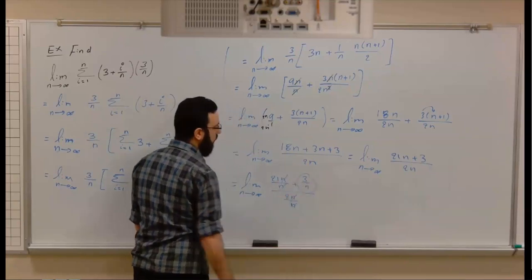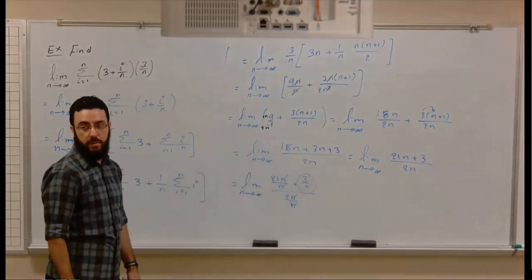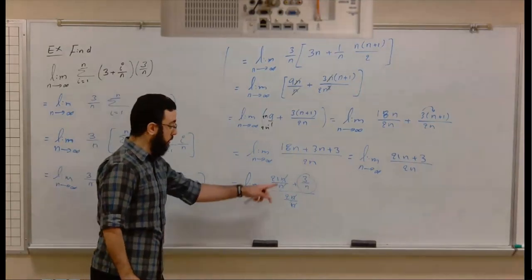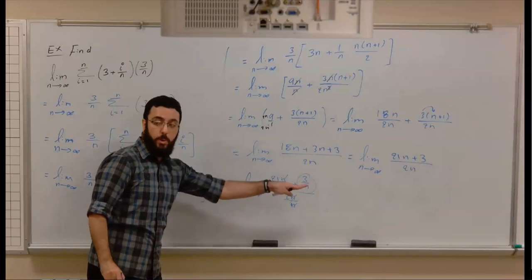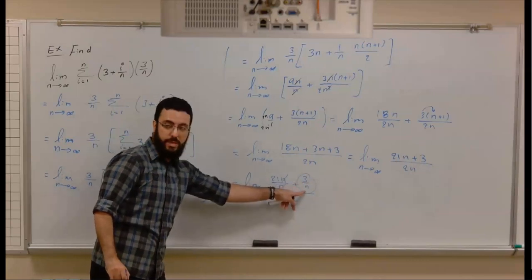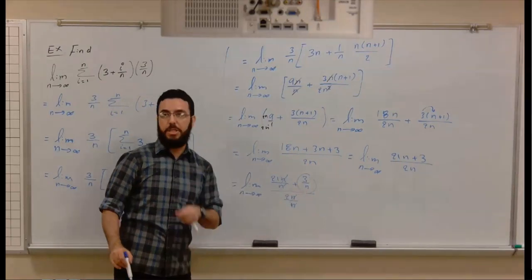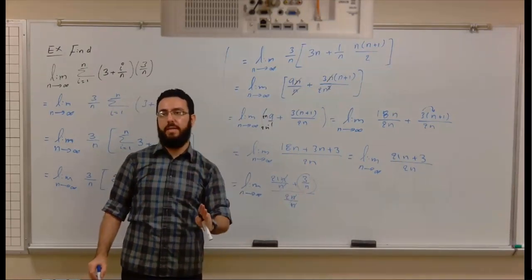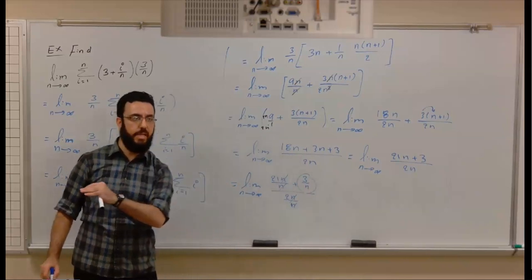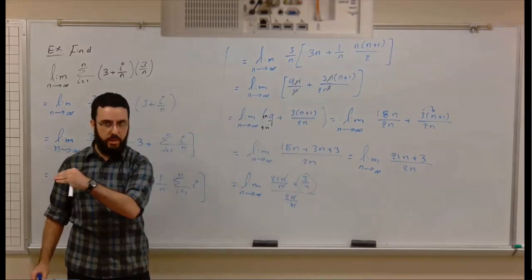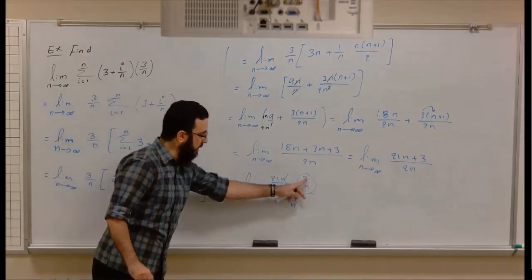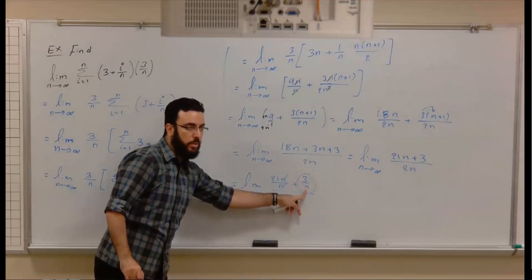This approaches where? No, 3 over n. When n approaches infinity, don't forget, like the fraction, always 1 over n. If n goes to infinity, 1 over n goes to where? To 0. That means 3 over n goes to 0.